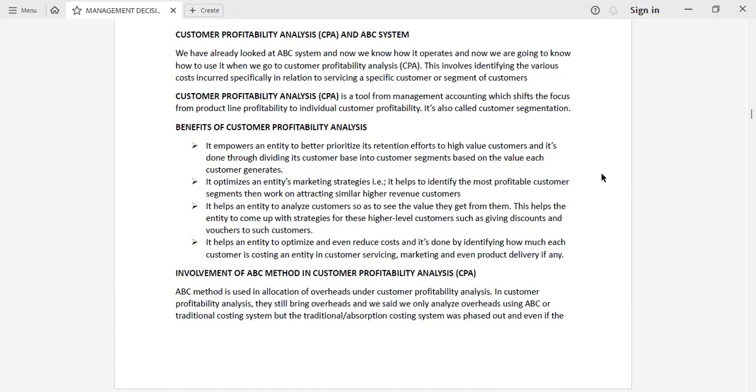Whenever they are talking about the customers that are going to be more profitable and others are not profitable, then they may ask you to give advice. Is it okay to close off some of the other customers, or is it not? Because we can't close a customer who has been profitable.